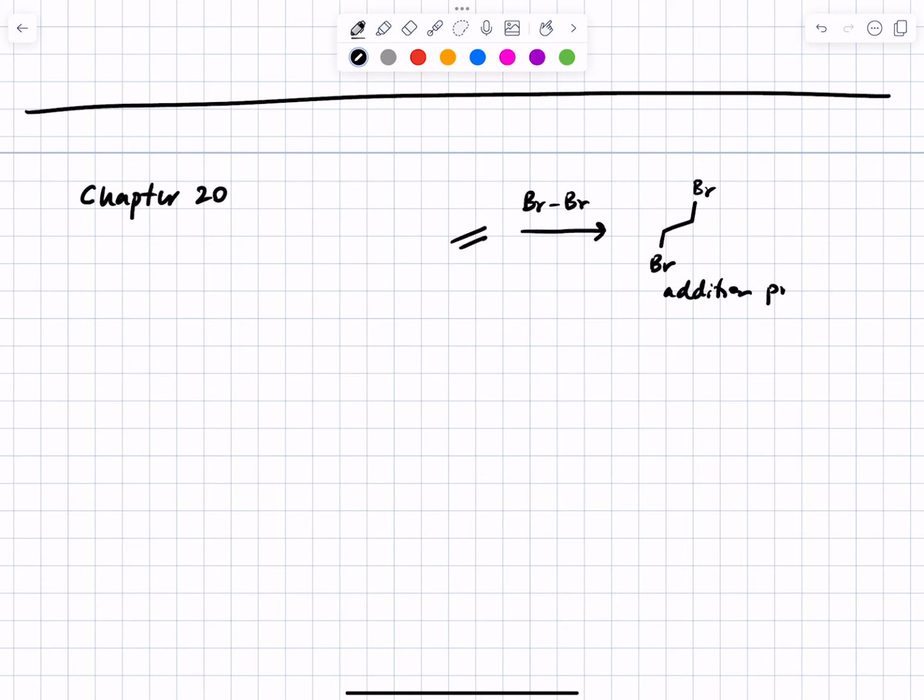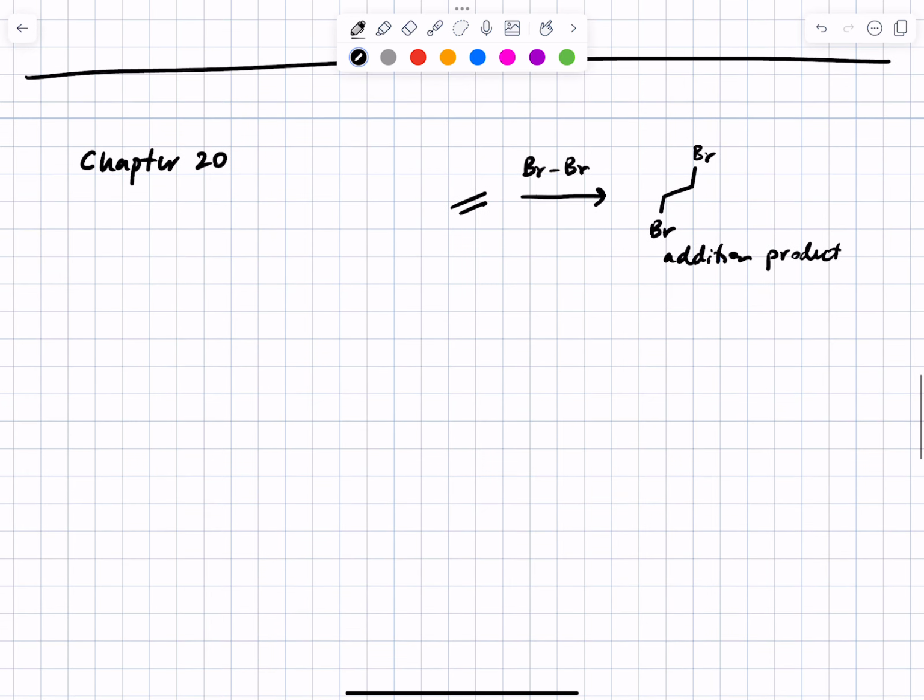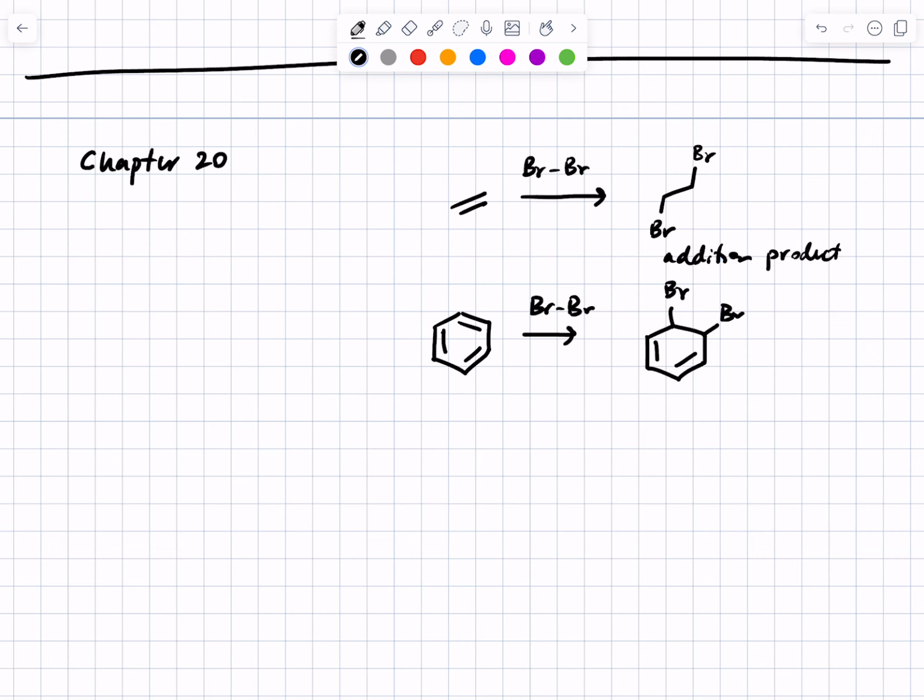And the product is what we'll call an addition product. The problem with that for benzene, if you were to pretend for a moment that one of the pi bonds in benzene was just like an alkene, the proposed addition product for benzene has a key problem, and that is what?